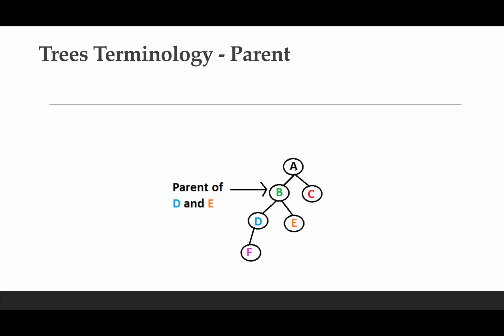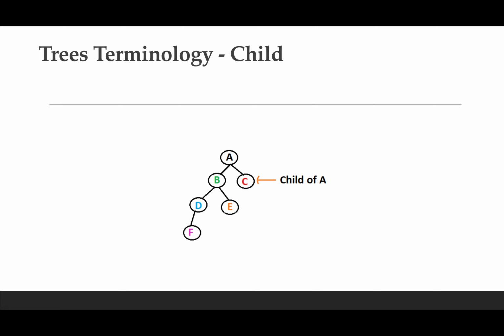If you take A, it has two children, B and C. If you take B, it has children D and E. What is the parent for D and E? B is the parent. What is the parent for F? D is the parent. What is the parent for E? B is the parent. So a parent may have one or more child nodes. The next one is the child. The node that is a descendant of any node is a child.